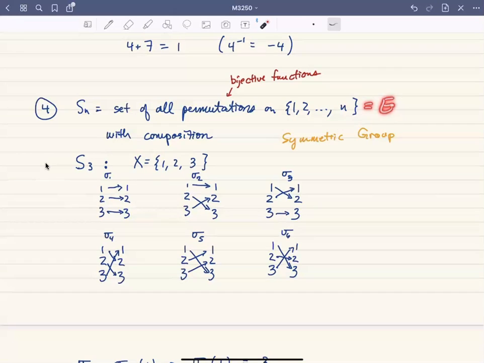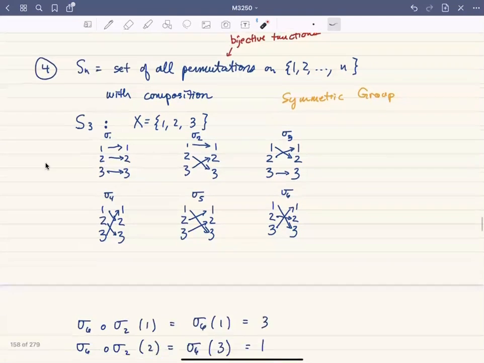So 1-to-1 and onto come together when you have these finite sets. Anyways, S3 is the set of bijective functions on the set 1, 2, 3, and these are the 6 of them. Now, our operation that we're going to use to combine these functions is composition.